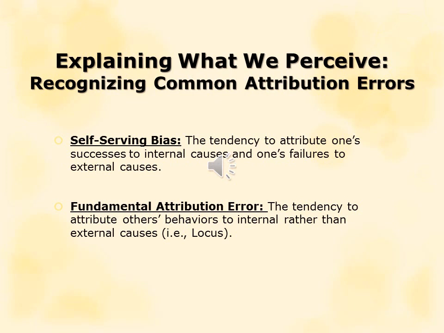Now, it's important to note that we each have some common attribution errors, the first of which is self-serving bias. This is the tendency to attribute one's successes to internal causes and one's failures to external causes. Basically, we will only see the good in ourselves and not the bad.